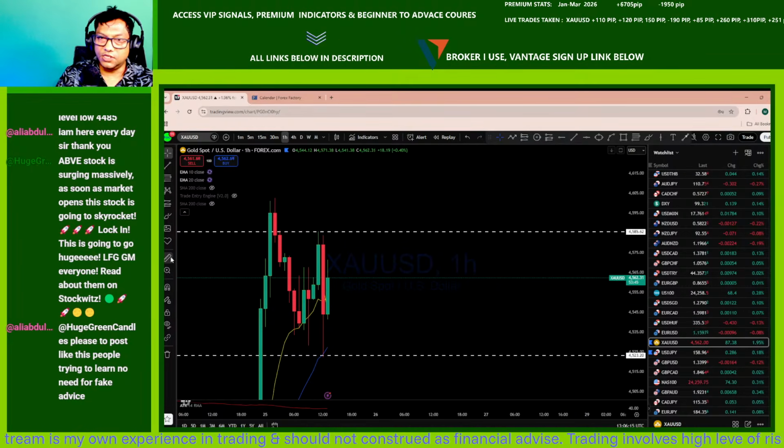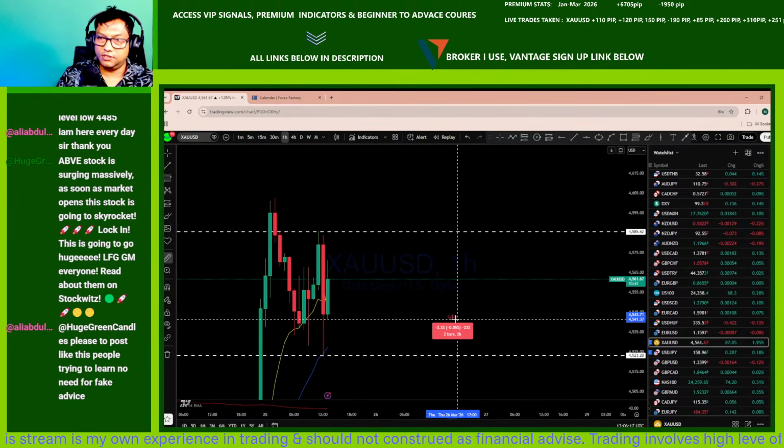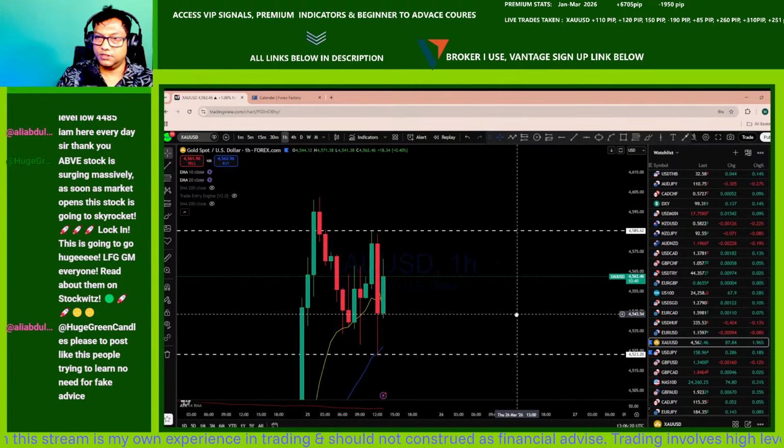After this 1-hour candle close, the market is showing that there is a significant move.